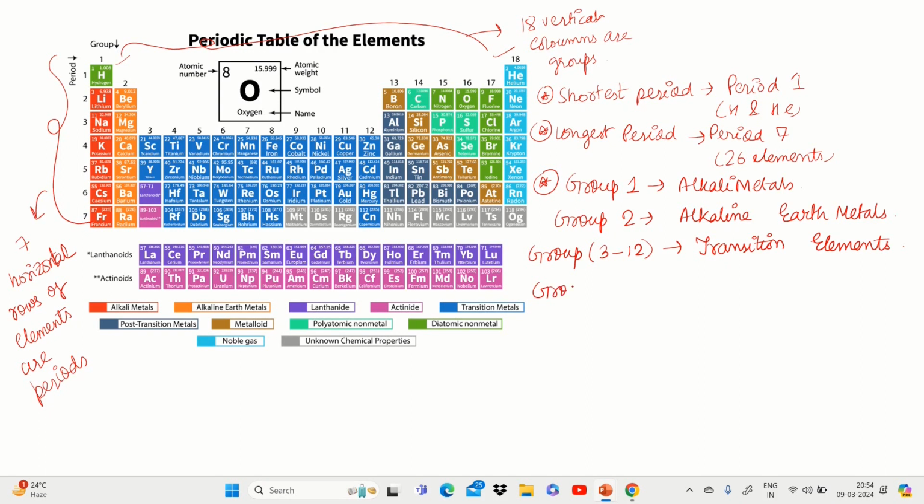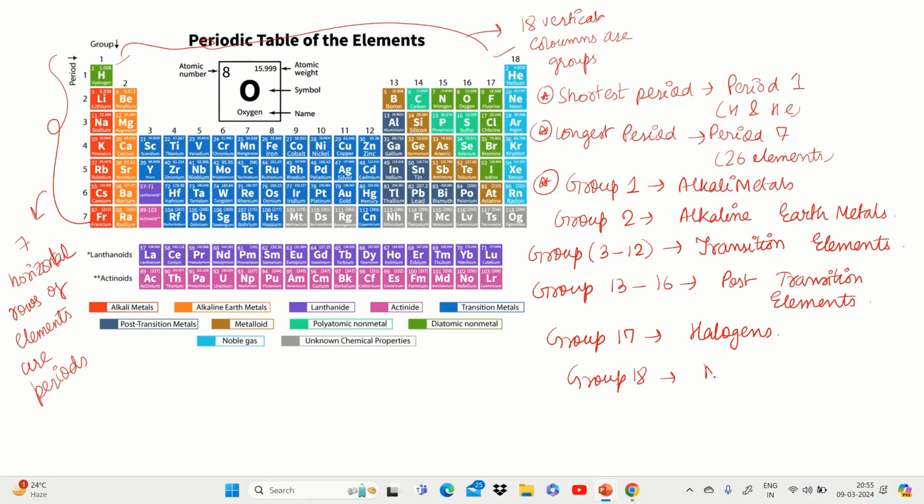Okay, next will be our group 13 to 16. It contains your post transition elements. Next is group 17, contains your halogens, fluorine, chlorine, bromine, so on. Group 18, this contains all the noble gases, helium, neon, so on, noble gases.